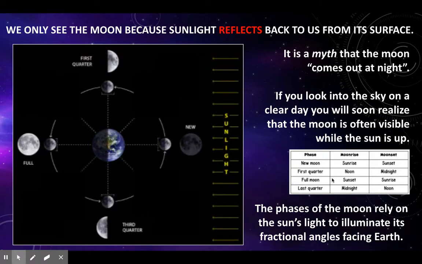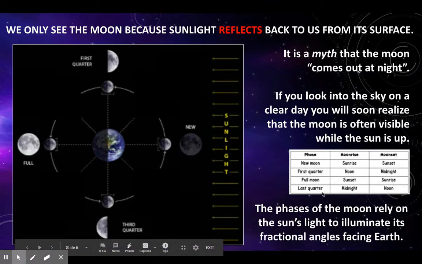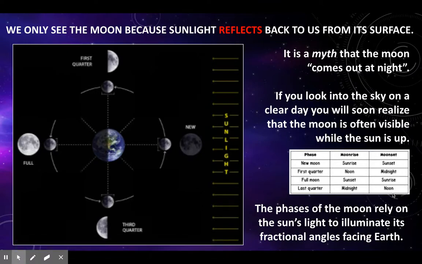Full moon, that's what we have now. So it comes out at sunset, which we were able to see the other day when I showed you those pictures when Mrs. Gregory and I went walking, and sunrise. And the last quarter you can see at midnight and at noon.